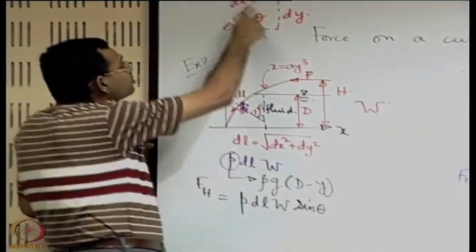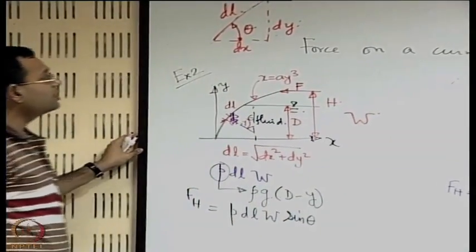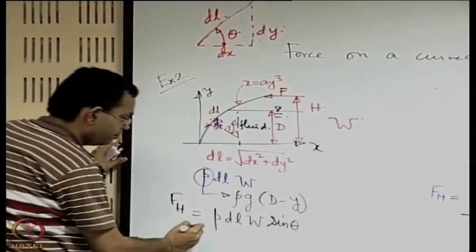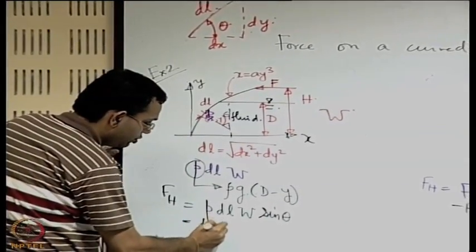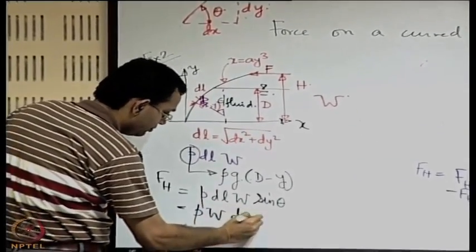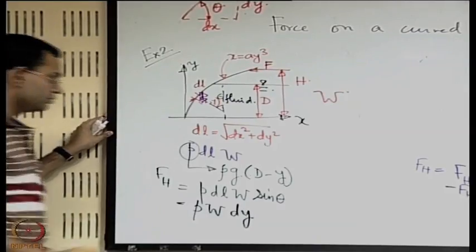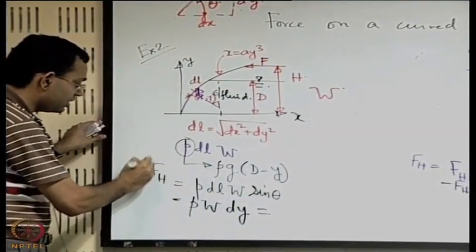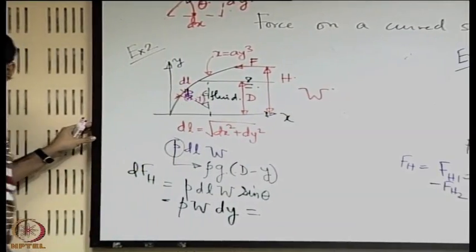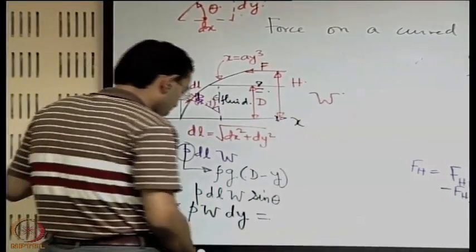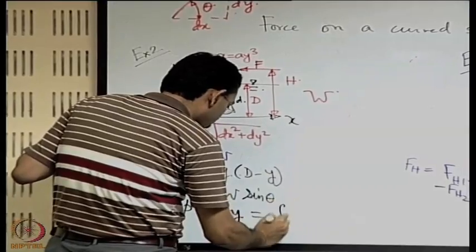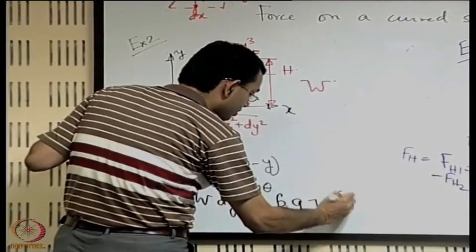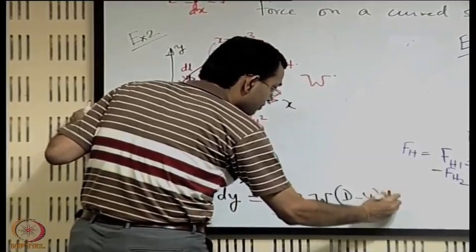Now if you look into this figure, dl sin theta is nothing but dy. So P into w into dy. Let us call this dFh because it is just on a differentially small area. So rho g w (D minus y) dy.